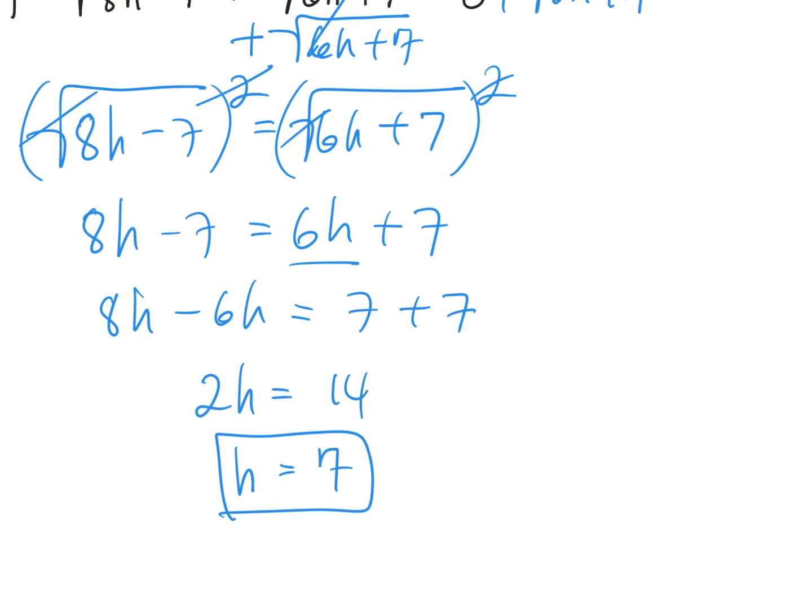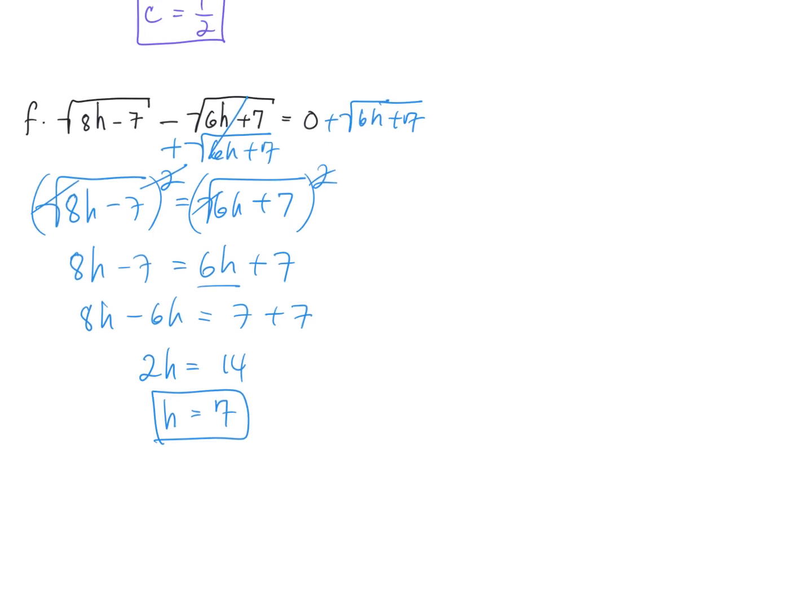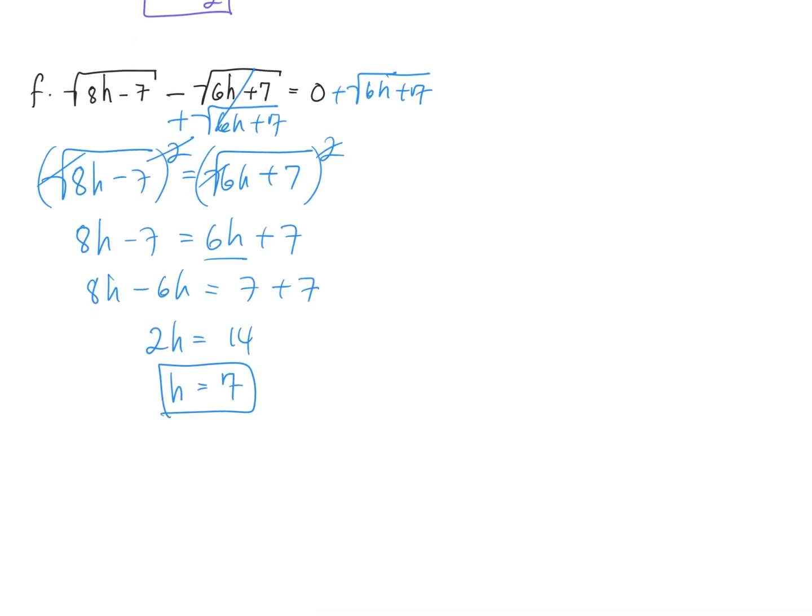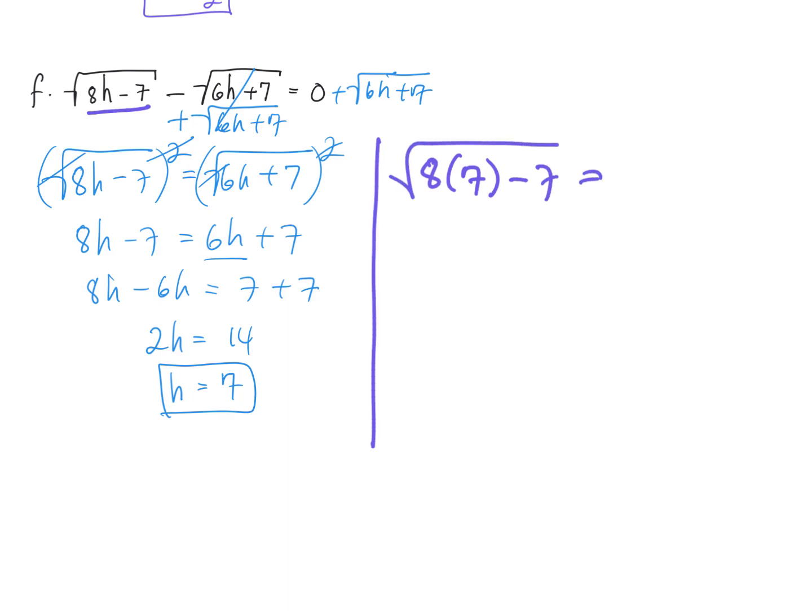Let's recheck whether we have the same. Let's recheck it here by putting it into its original equation. So that's going to give you the square root of 8 times 7 minus 7. Is it equal to 6 times 7 plus 7? 8 times 7 is 56, and 56 minus 7 is 49.